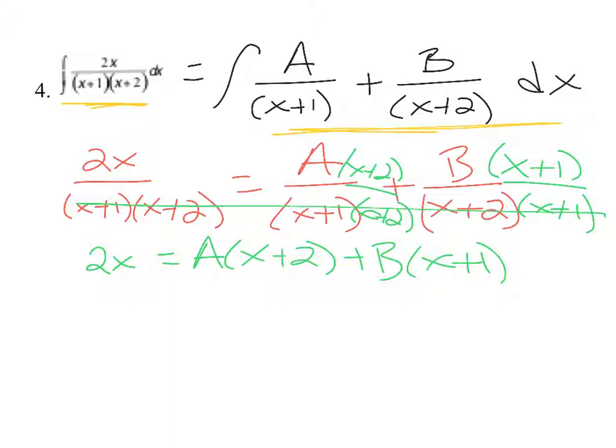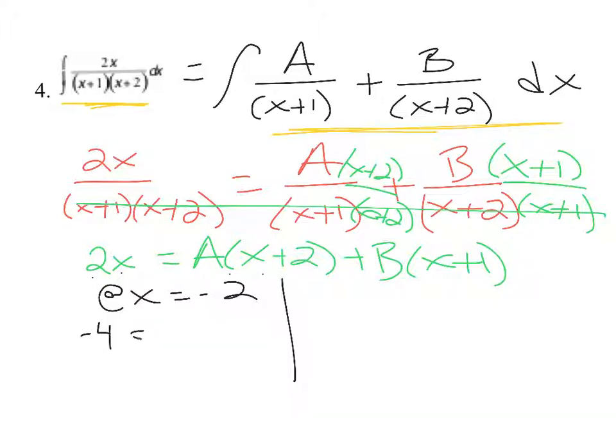And now this is the part where we kind of break it up into two problems. So you kind of see what's going on first. You're seeing what's going on at x = -2. If you plug in -2, -2 times 2 gives me -4. And then from there, this piece zeroes out because -2 + 2 is 0.